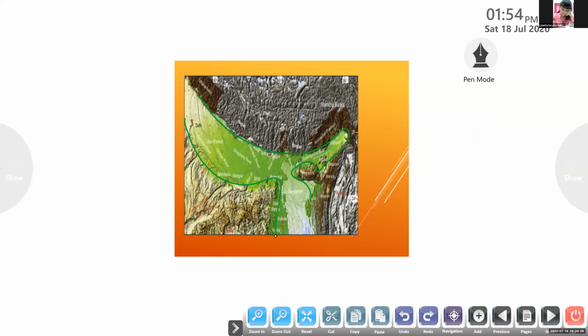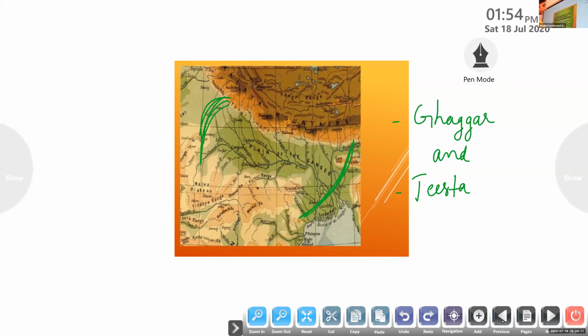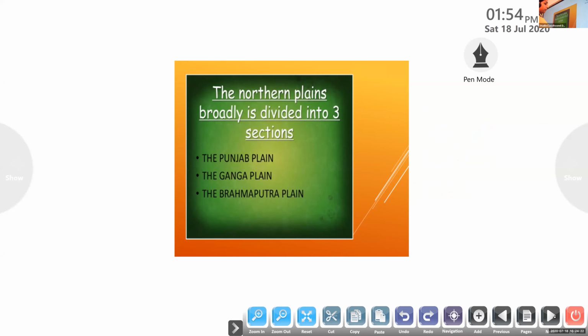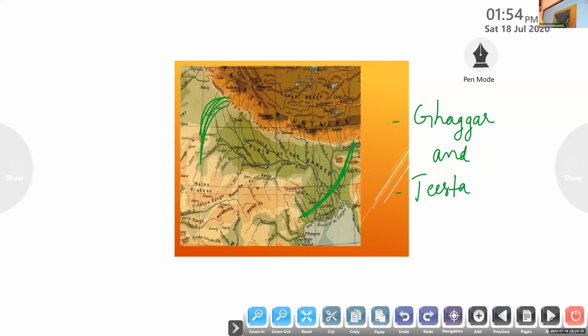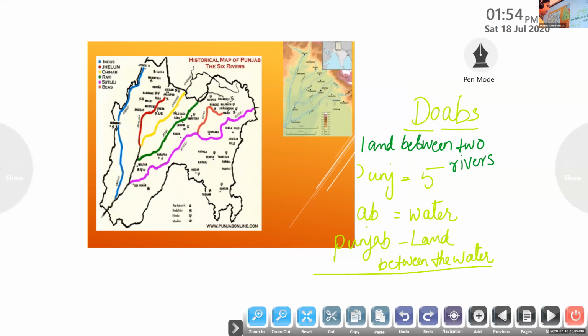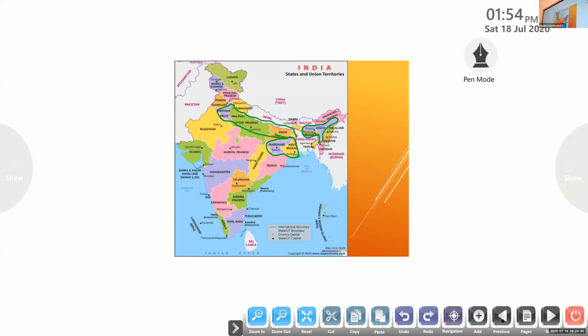It also extended over to the states of Bihar, some part in Jharkhand and West Bengal also.